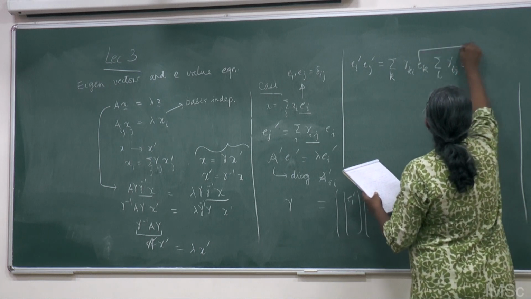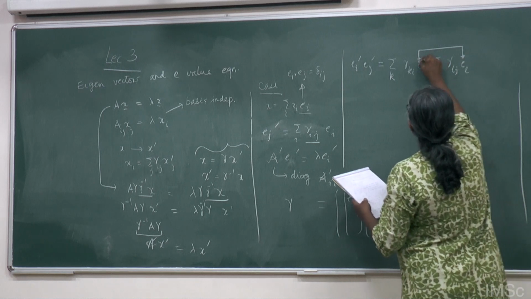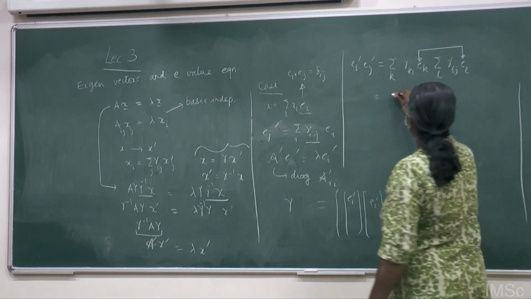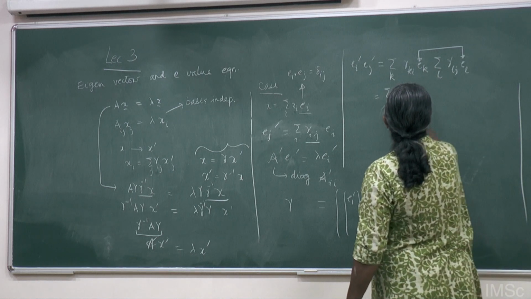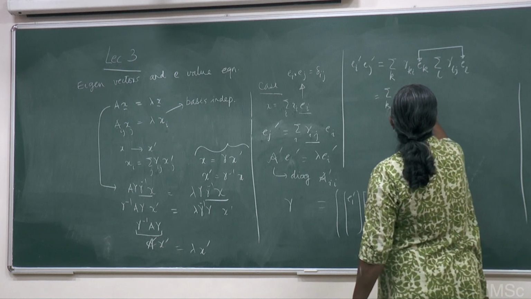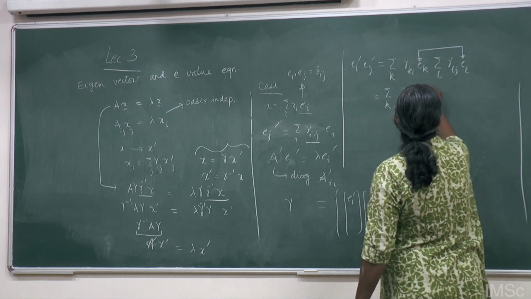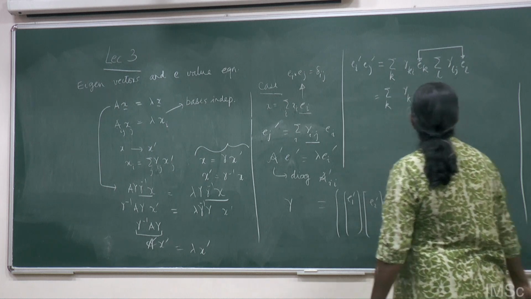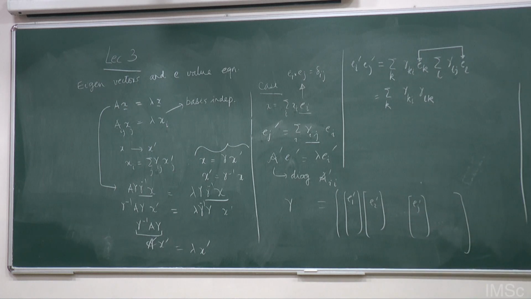And what is Ek dot El? Delta kl, right? So one summation goes away, the l summation goes away. So gamma ki gamma kj. Okay, that is what I have.